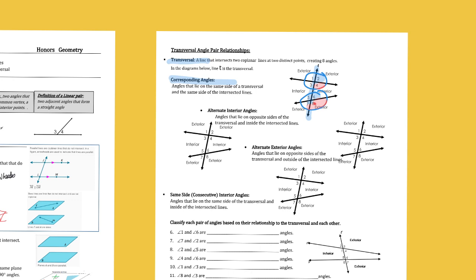Okay, and then another one would be 1 and 5. That's a corresponding pair because they're both in the top right of their intersection, okay? And then the bottom two would be 3 and say 7. Okay, so corresponding is that the formal definition would be they lie on the same side of the transversal, okay, left side or right side, and then also on the same side of the intersected lines, okay?